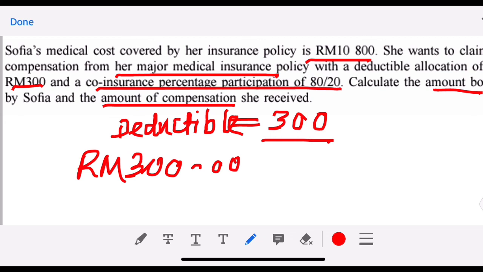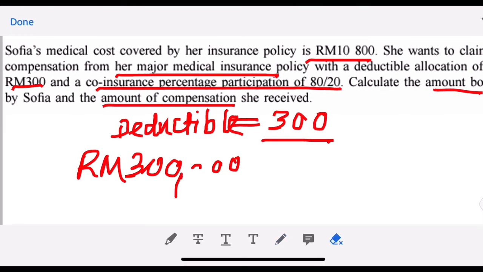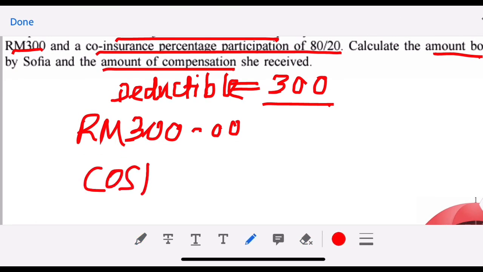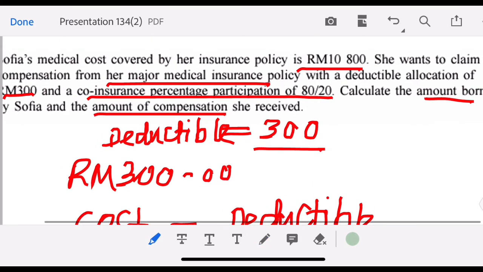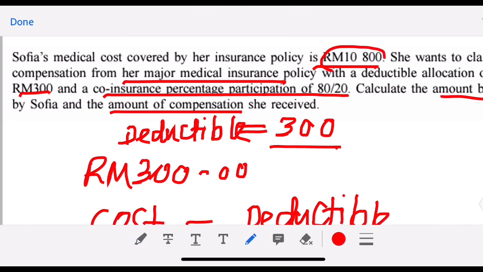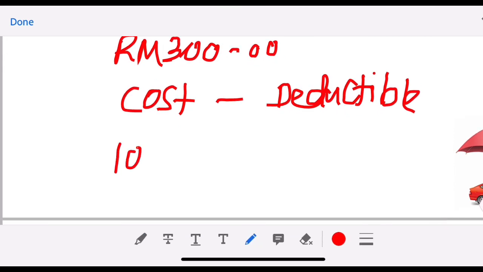Okay, so now for the next part, we need to calculate the amount of compensation she received. Because this is a co-insurance, we will take the cost minus the deductible. The medical cost is 10,800, given in the question. So we will take 10,800, which is the cost, minus our 300.